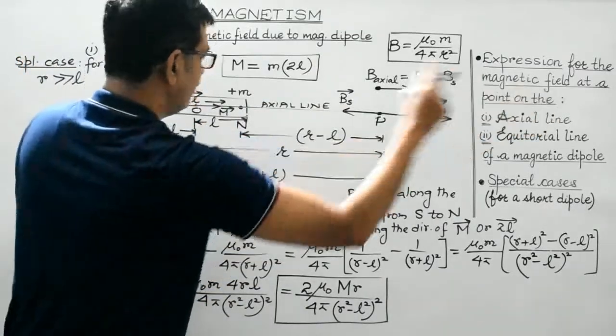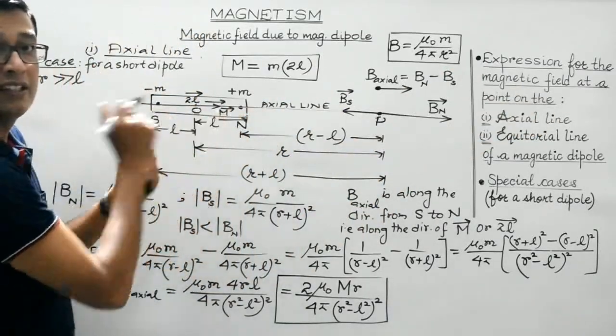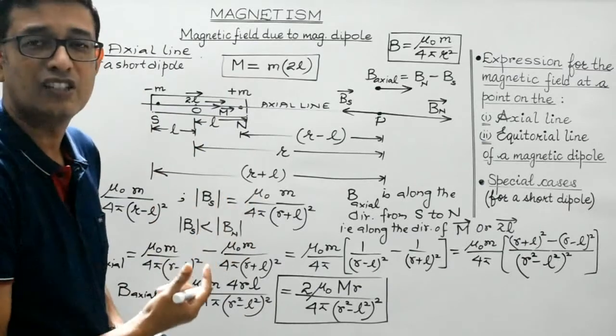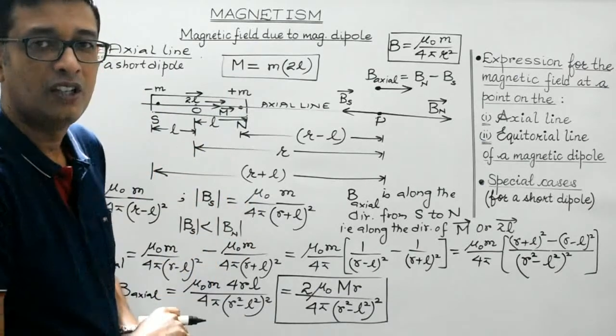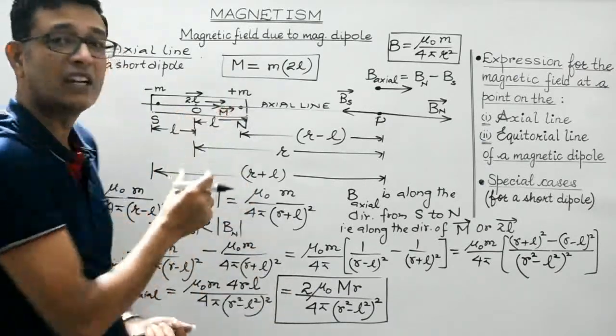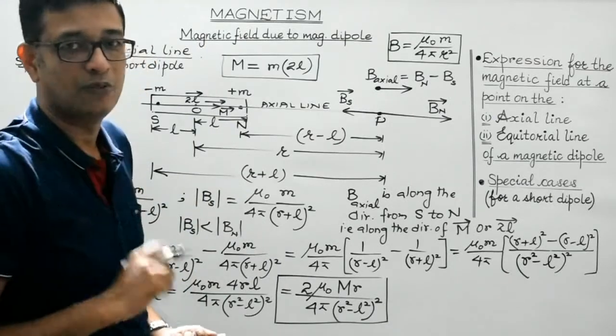So R is very large as compared to L, which may be considered to be the dimensions of the dipole. In such a case, the dipole may be considered to be a short dipole.